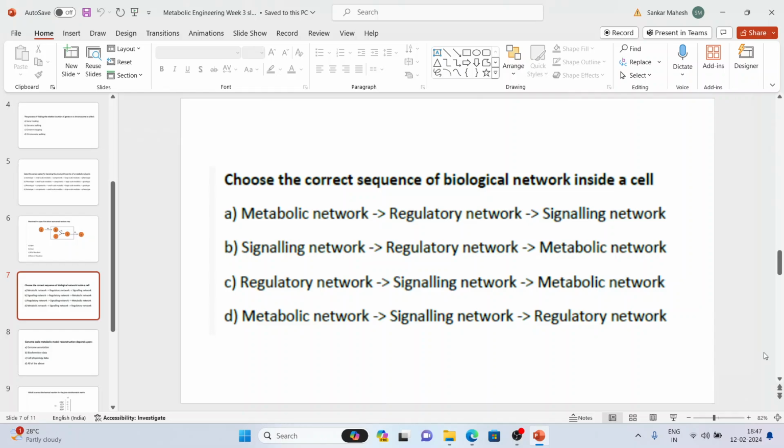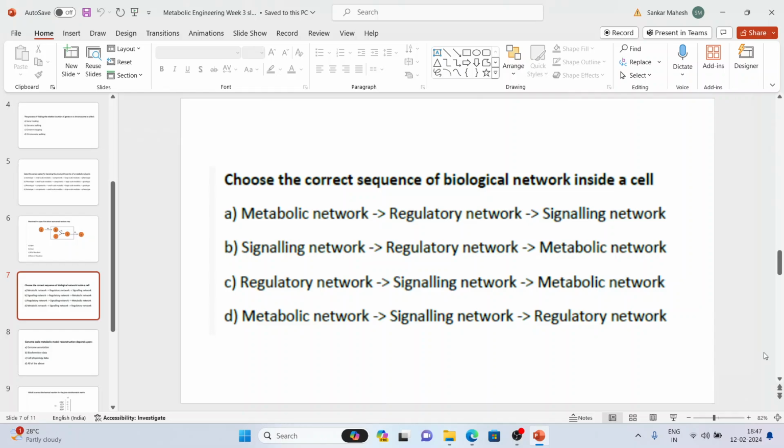Option C, regulatory network, followed by signaling network, followed by metabolic network. And option D is metabolic network, followed by signaling network, followed by regulatory network. So it's B. Do you have an explanation for that?